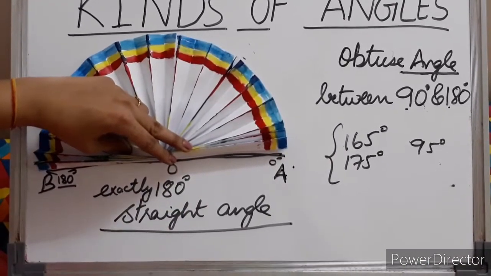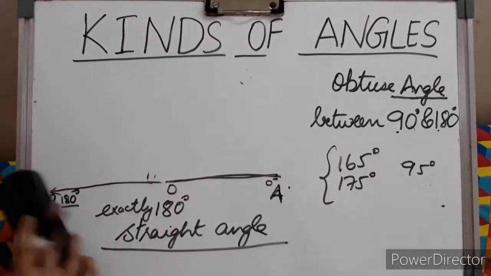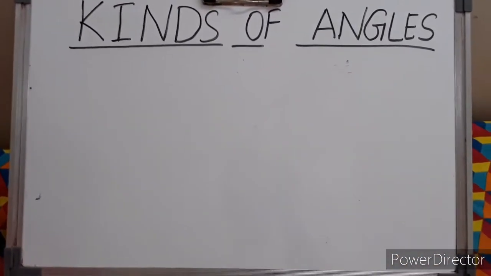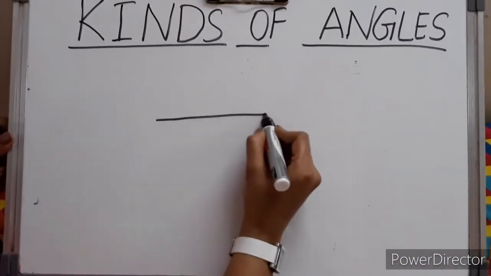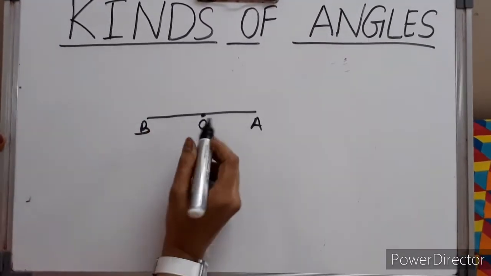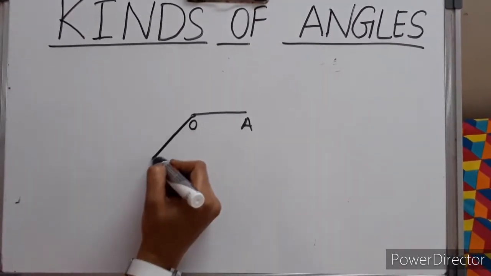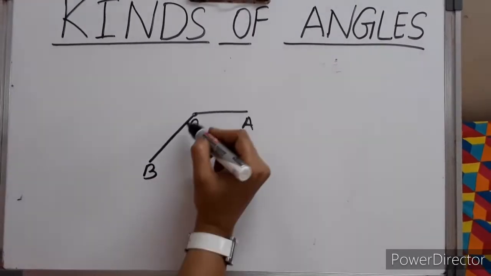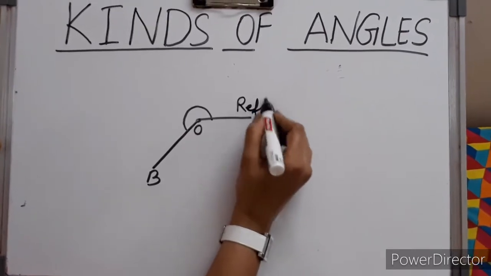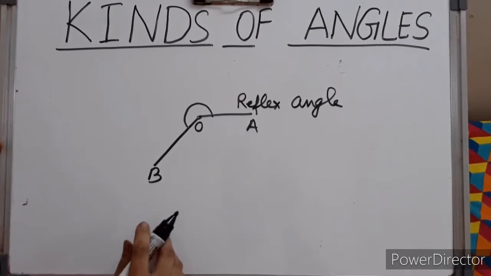Now what if it falls after 180 degree? So what we have to do here is, this is the angle, okay, O, A, B, 180 degree. When this angle moves a little down, suppose this, then this angle is called a reflex angle. What is it called? Reflex angle. Okay, why?